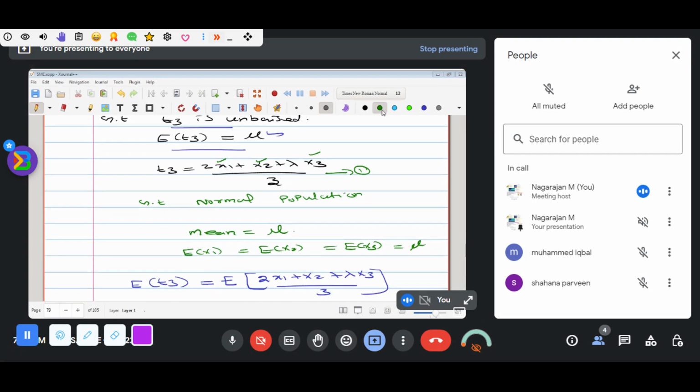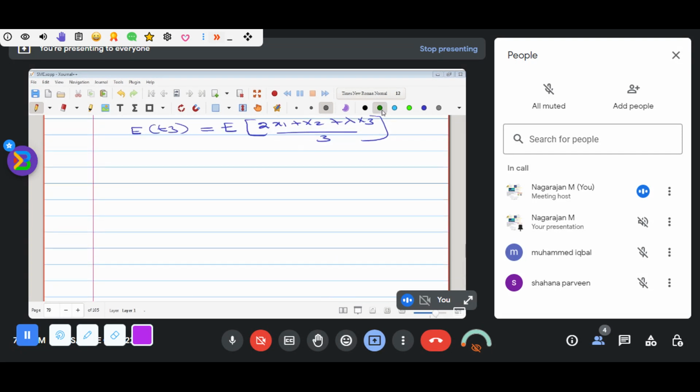So now apply the E of T3 value. From the left side it is mu, and what is the right side? One formula is there: the expected value can be written as E of x1 plus E of x2 plus E of x3. This is the formula of the expected value.